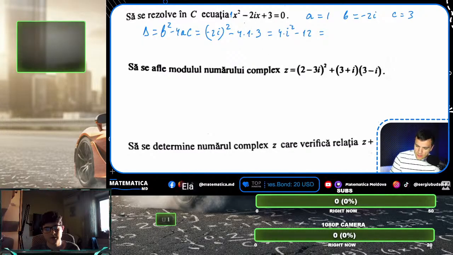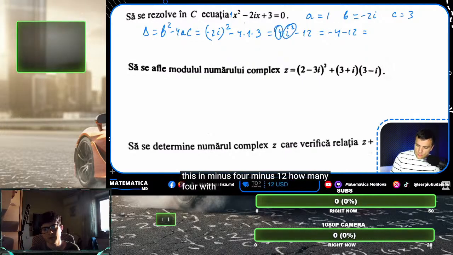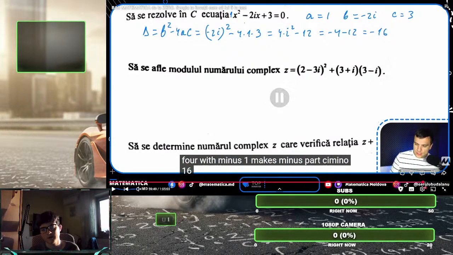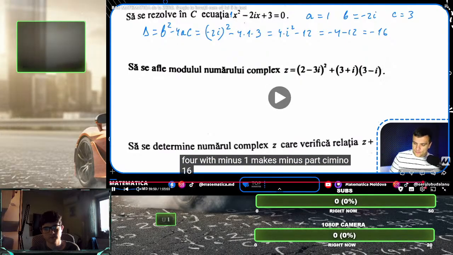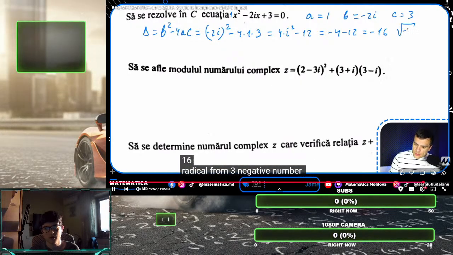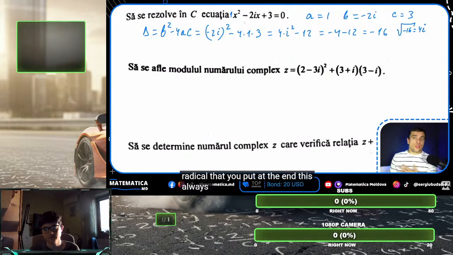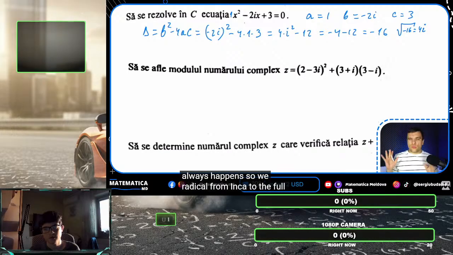So what's that? Well, that's minus 1, so we're gonna have minus 4 minus 12, minus 16. And when you do regular quadratics, you see that it's negative, doesn't have solutions, but here we solve in C, so it has solutions. If we solve in R, there are no solutions, but within the complex numbers it's 4i, because we pop an i over there.